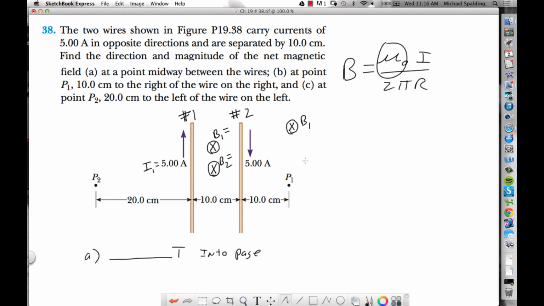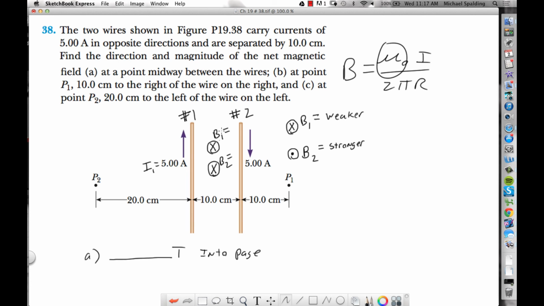So that's B1. What's the magnetic field from wire number 2 doing? Out. Now look, before you do any calculations, you know which magnetic field's stronger. Which of these is going to be the stronger one? 2. This is going to be stronger. This has to be weaker.